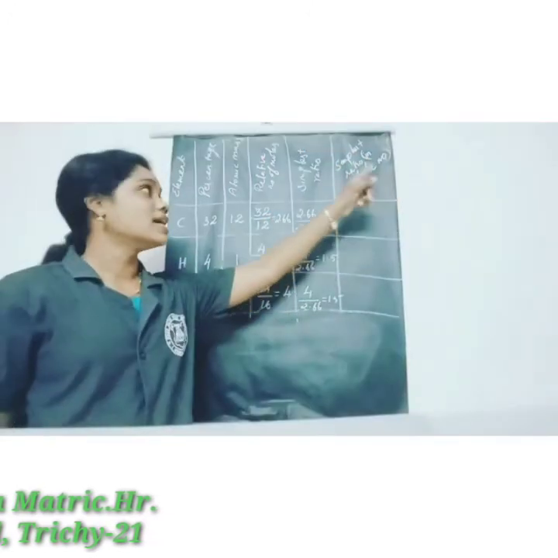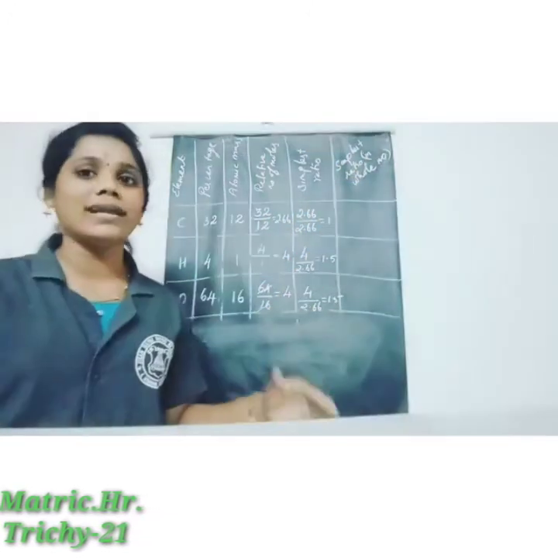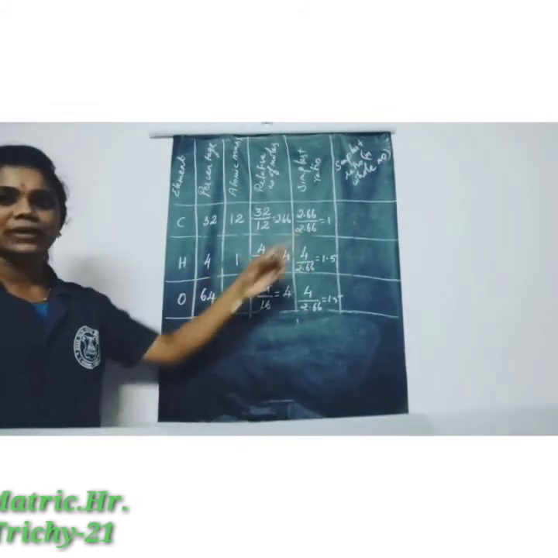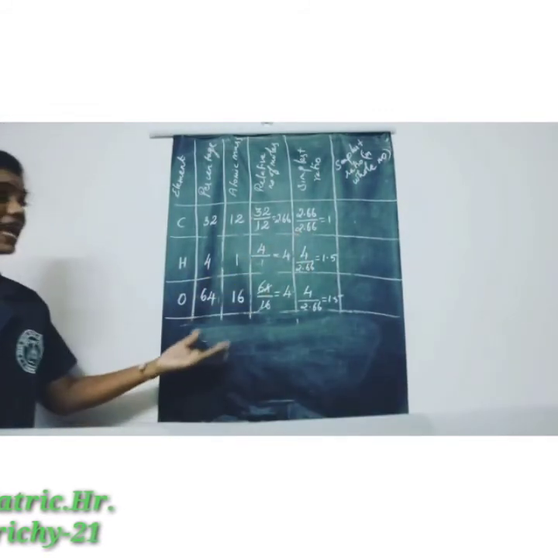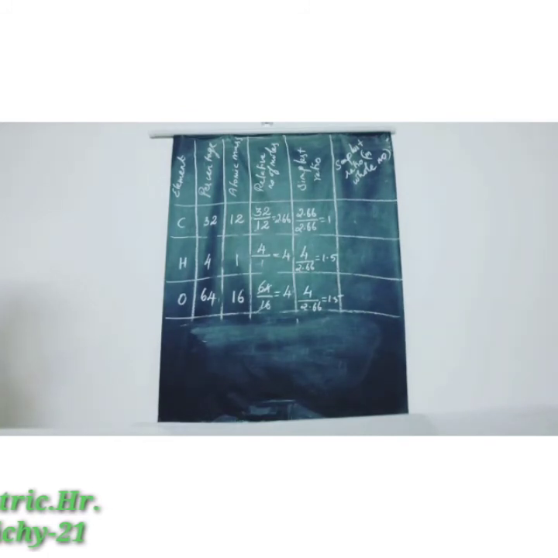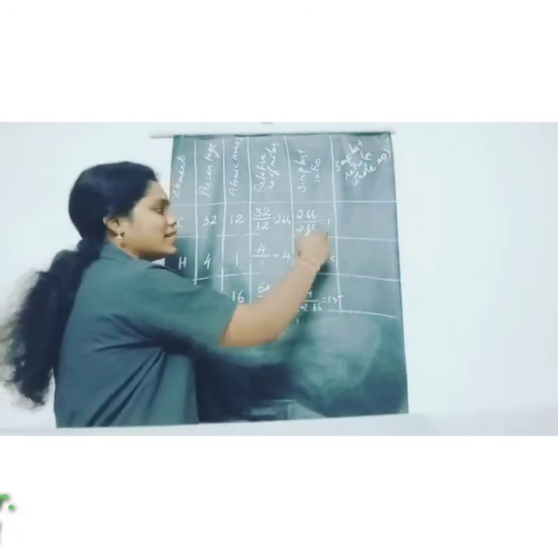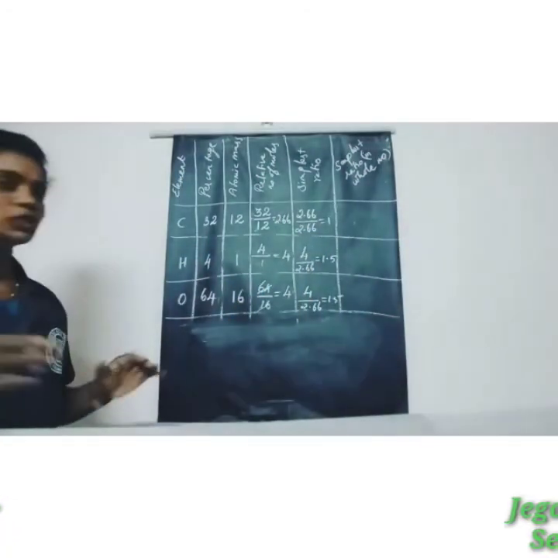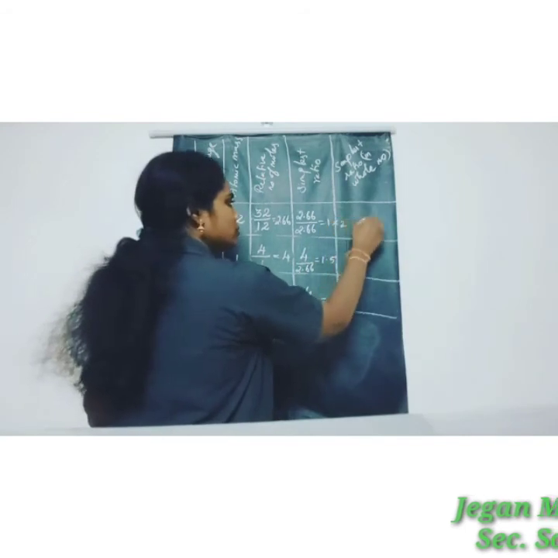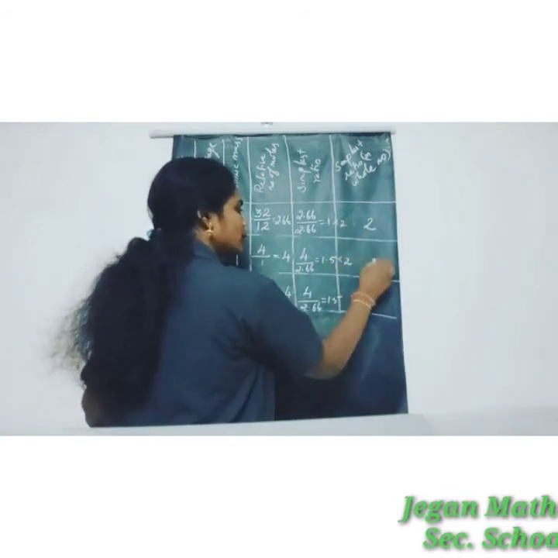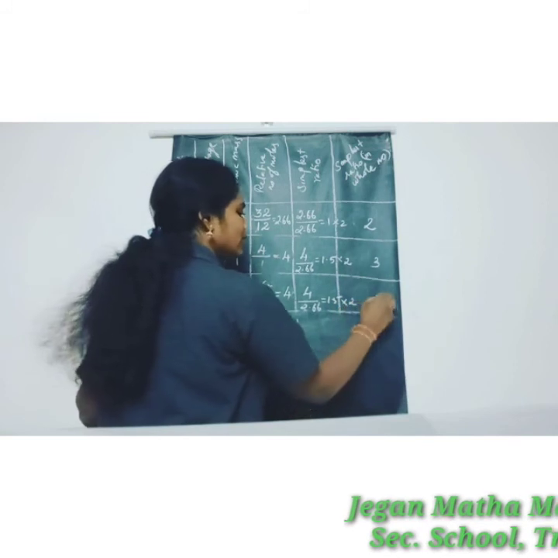The next step is the simplest ratio in whole numbers. Here the first one is a whole number, but the second and third are not whole numbers. If it is not a whole number, we convert it into a whole number by multiplying by a suitable smallest number. So multiply by 2: the first becomes 2, here 1.5 times 2 is 3, here also 3.